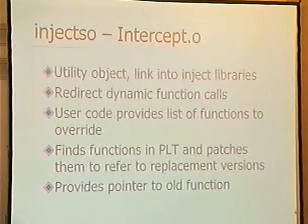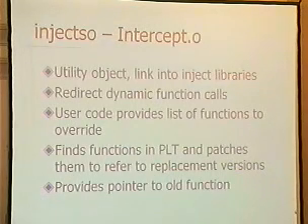That wouldn't be particularly useful if that was all that happened. Injector Ssh also comes with a utility object called intercept.o, which is meant to be linked into libraries which are going to be injected using Injector Ssh. And all it really does is it can be used to redirect dynamic function calls, exactly like when we were looking before, we got our library in first, so we got control of the functions.